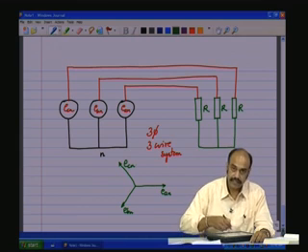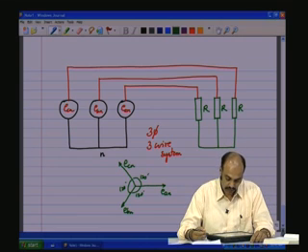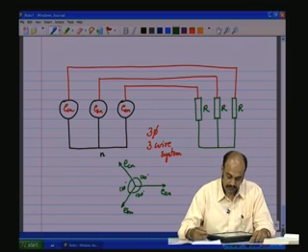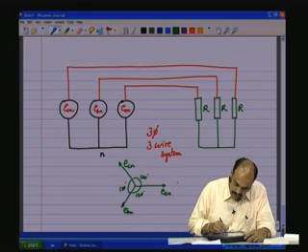Okay, 120 degrees, this is 120, 120, 120 degrees with respect to each other, all having equal amplitude. Same.